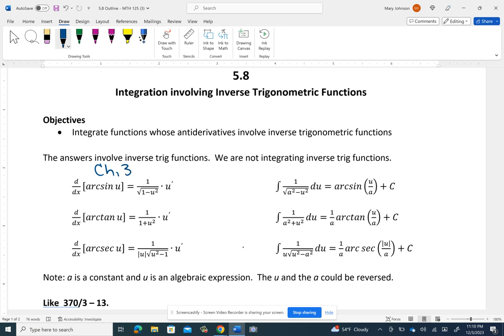All right, in chapter 5, we're trying to integrate expressions that kind of look like what you see as answers to these. But the formulas differ a bit more than the other formulas. Like for most everything else we've done, if you knew how to do the derivatives, you could figure out how to do the integral.